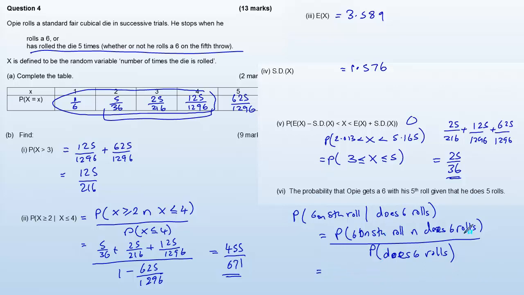Okay, so this one would be a case of 5/6 to the power 4 multiplied by 1/6. On the bottom, you need this, 625 over 1296, which is the probability that he actually does 5 rolls.